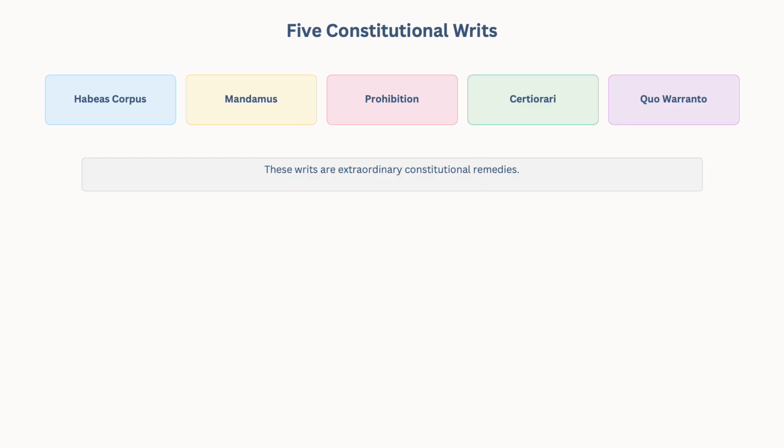And what's next? Prohibition and certiorari. Please take a look at prohibition and certiorari. Prohibition means preventive, and certiorari means corrective. Now, prohibition simply means it is to stop a lower court from exceeding its jurisdiction.